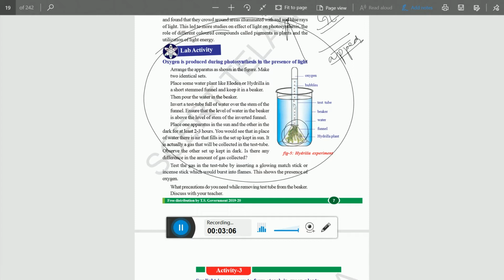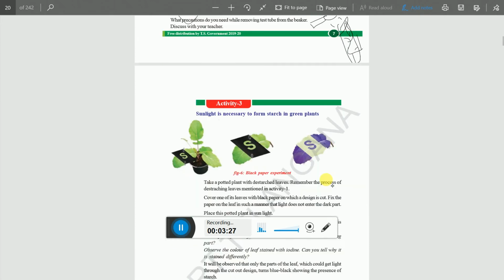If these leaves are not available, we can also do it with the help of Elodea leaves, Pistia leaves, and Azolla leaves. So this we have already completed, and testing is done with a matchstick, where the matchstick glows with a higher brightness when we expose the test tube. So that was already completed.